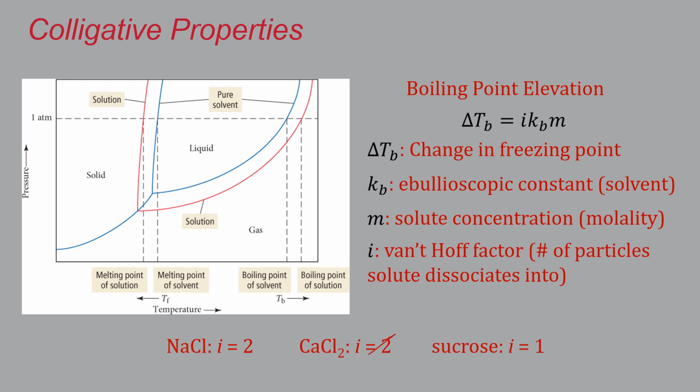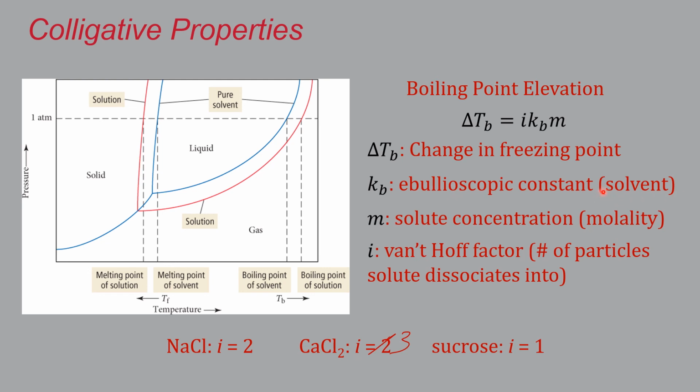So in this case, it is 3. The other thing to be aware of, the constant is different from the freezing point. So this is Kb, not Kf, and this is called the ebullioscopic constant, which is just really fun to say.